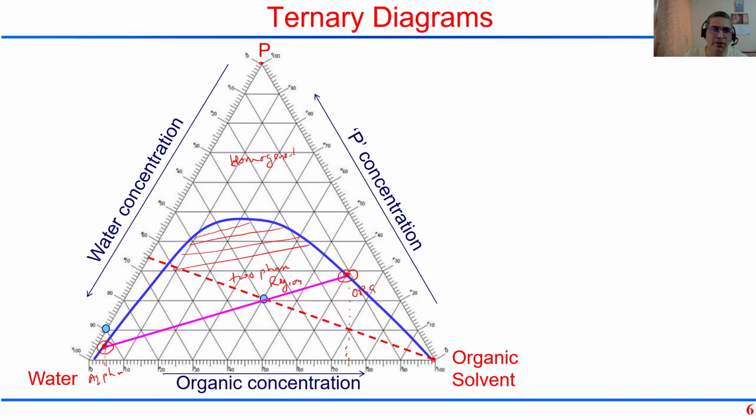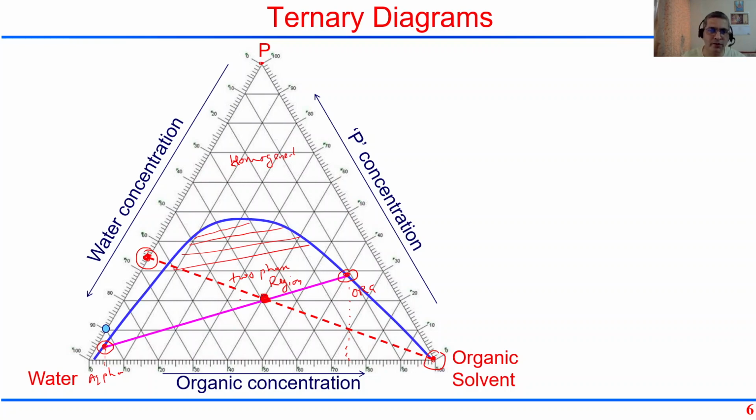So if I have this particular concentration and I add the organic solvent, let's say I add 1 liter of the aqueous solution having this composition and 1 liter of the organic solvent, then I will reach somewhere here, the midpoint of the line joining this point and the organic solvent point. And then this point goes through the tie lines.